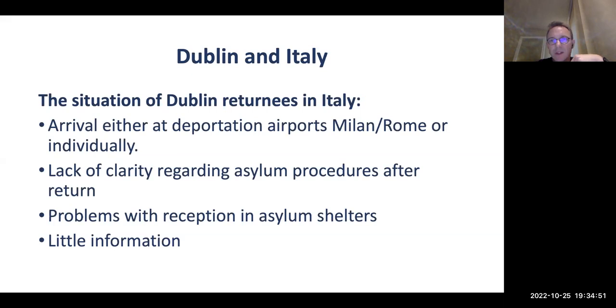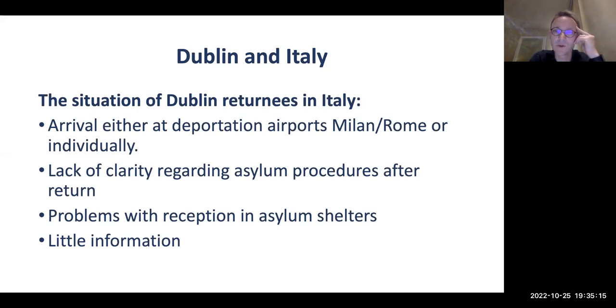and then the nightmare starts, because usually you have to go where you have been assigned for the asylum application in Italy, meaning you have to go back to the province and the city where you stayed in Italy. Maybe you even started the asylum procedure over there, but this is sometimes very tricky.